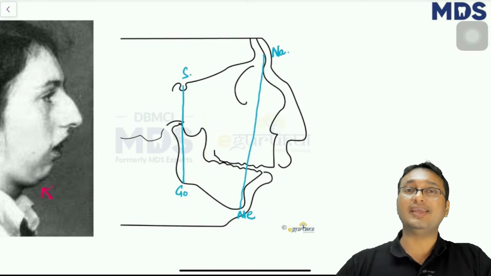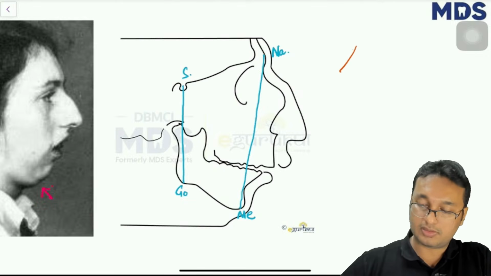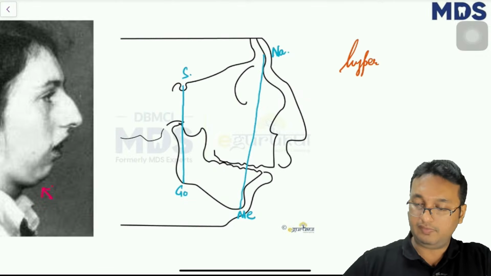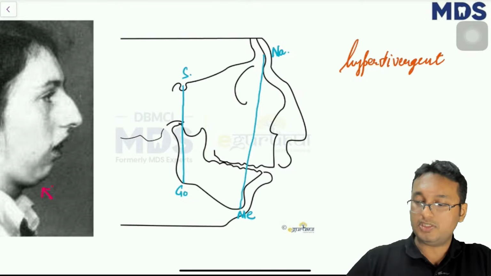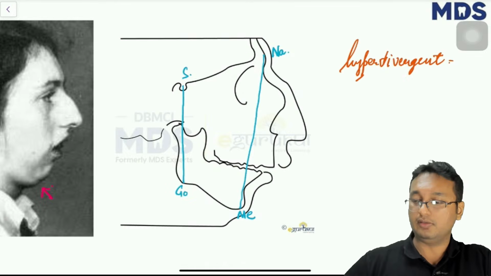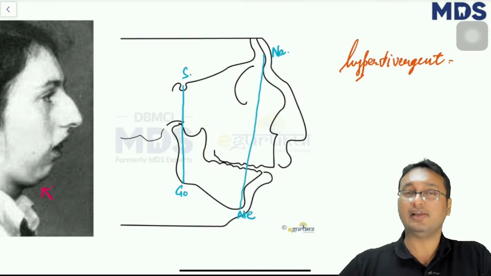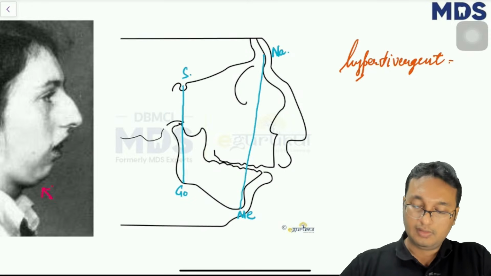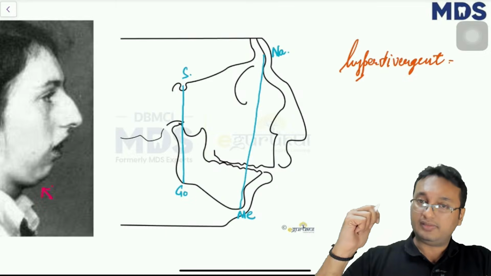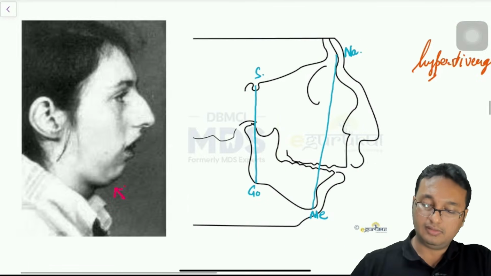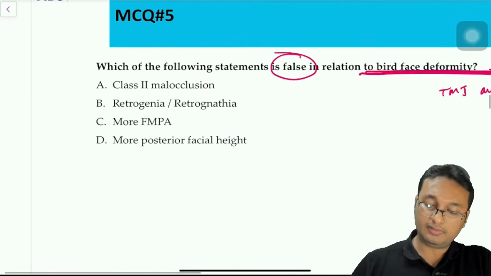Because the patient is severely hyperdivergent. The patient is severely vertically growing. That's called hyperdivergent facial profile. Right? But let me first look at the options.